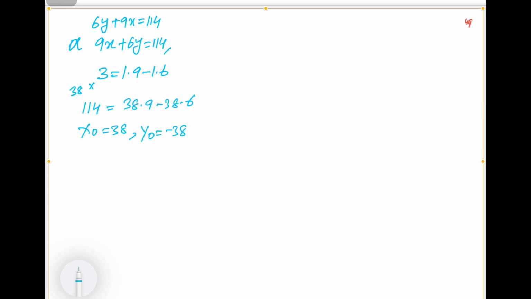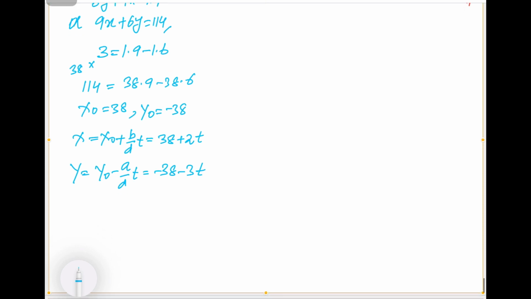This is the particular solution, and the general solution is given by x is equal to x naught plus b by d times t, that is 38 plus 2t, and y is y naught minus a by d times t, that is minus 38 minus 3t. So to have the positive solution, put x positive, which implies 2t greater than minus 38, t greater than minus 19.